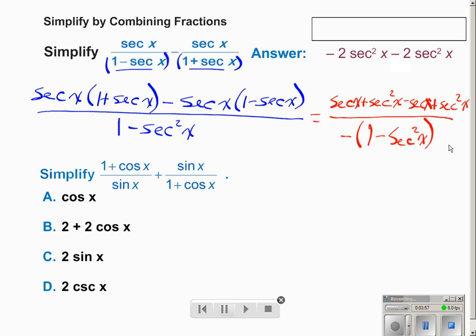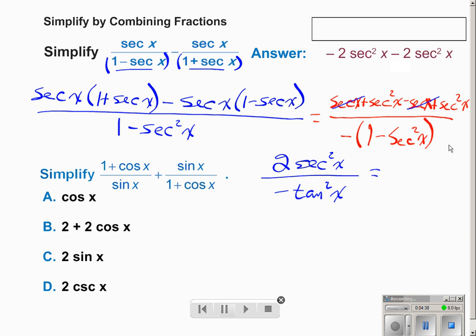So at this point, we see that the secant x's are going to drop out, and we're going to have 2 secant squared x over the opposite of tangent squared x. Not looking like we're heading toward the answer that they had there, but it's looking like a pretty nice answer. So maybe we're going to come up with something better.